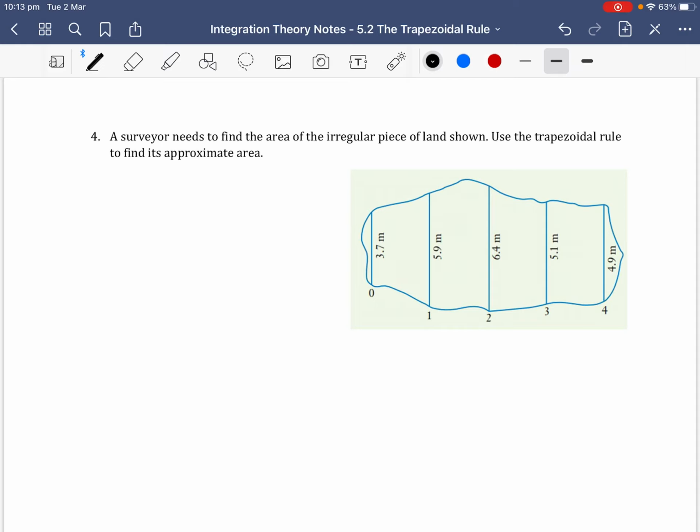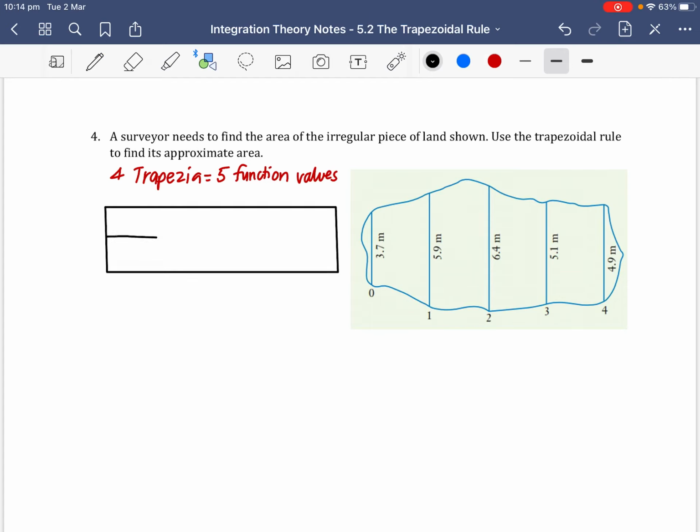Okay, so we need to use the values in our diagram, or we can put them in our table. We have 4 trapezia, which equals 5 function values. So we're going to have 5 function values in our table. That means we need 6 columns, sorry, 6 rows could be a bit much.